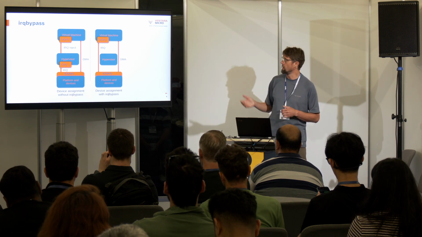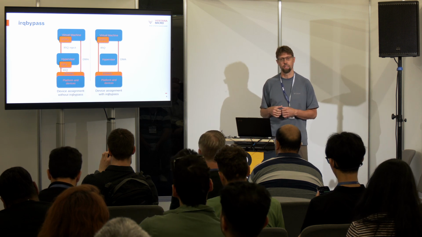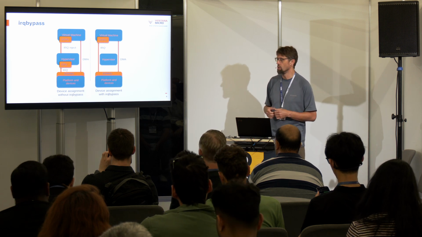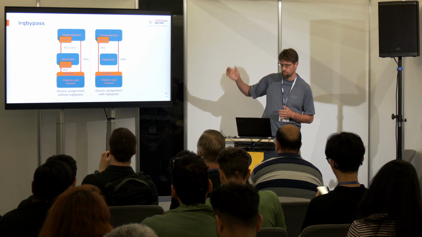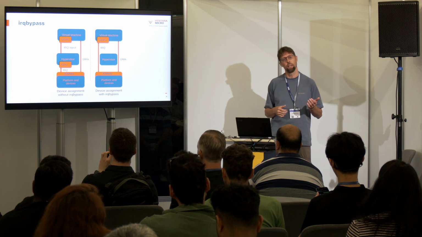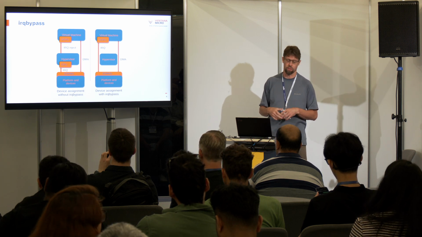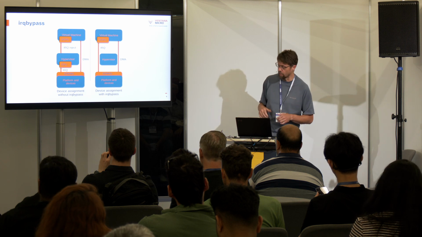So on the left side here, again, this is the less optimized version. This is the one with no irqbypass, where, OK, the DMAs are actually direct, but the IRQs are still going to get intercepted by the hypervisor. It's going to say, aha, this is actually meant for the VM, and it's going to do interrupt injection.